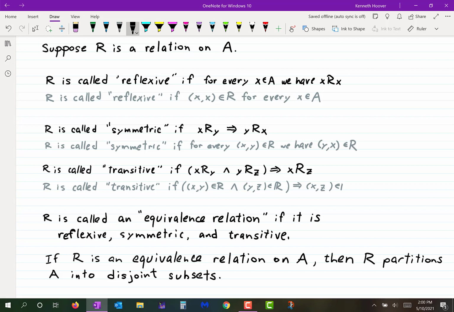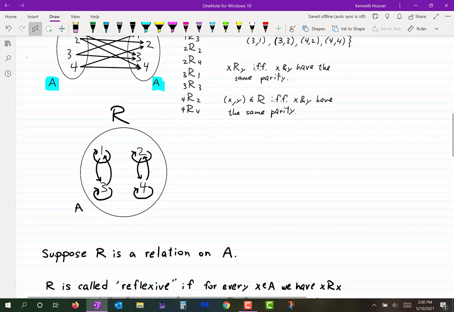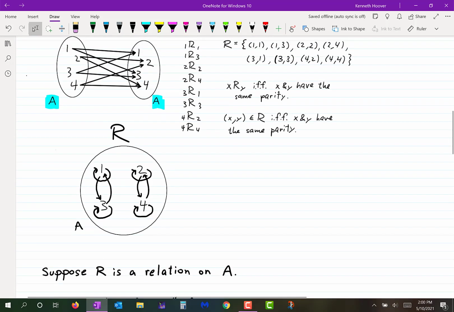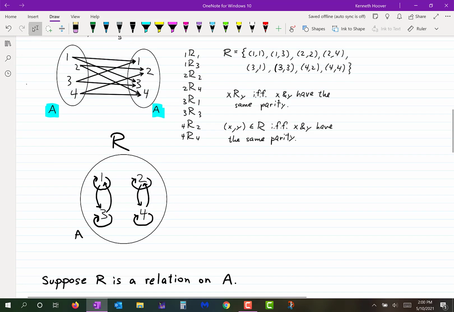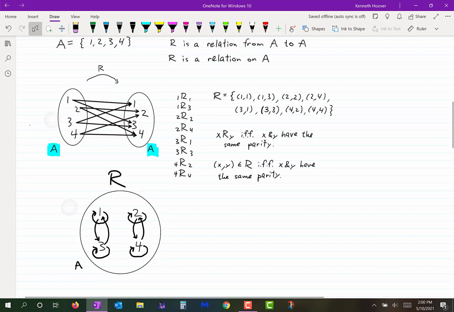Okay? Let's look back at our equivalence relation example here. Sorry, I know the screen is shifting a bunch. That's because my computer is starting to, for some reason, get bogged down, and I don't know why. Okay, so this is an equivalence relation, having the same parity. A is the set 1, 2, 3, 4.